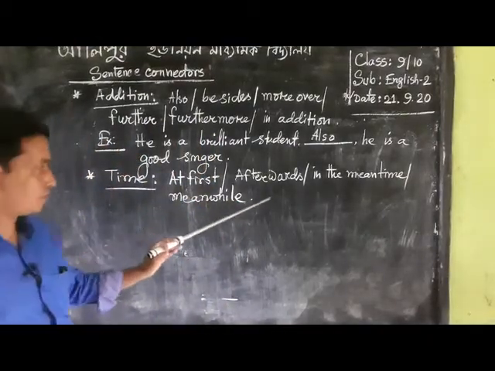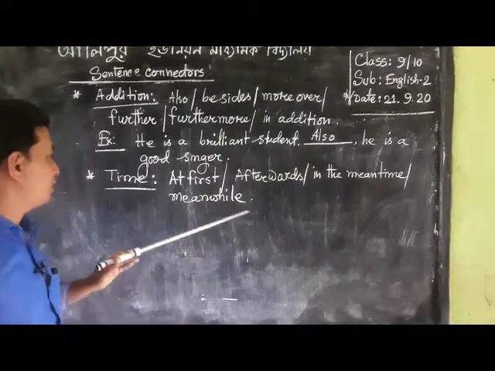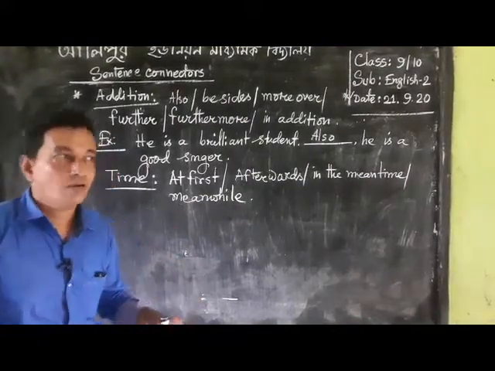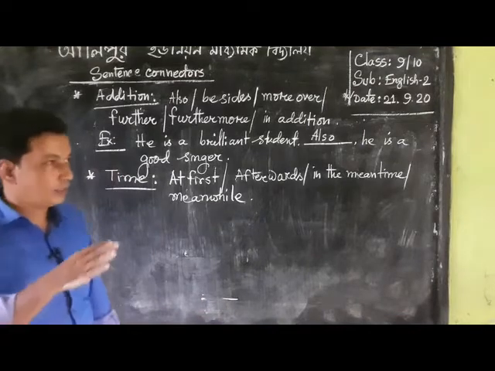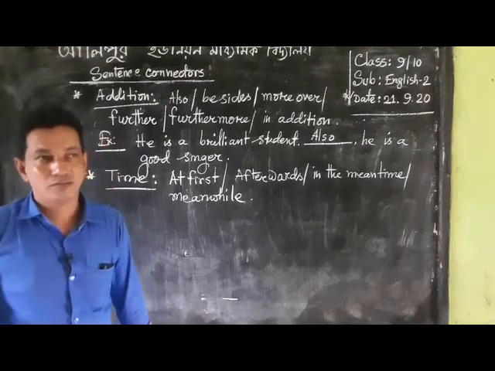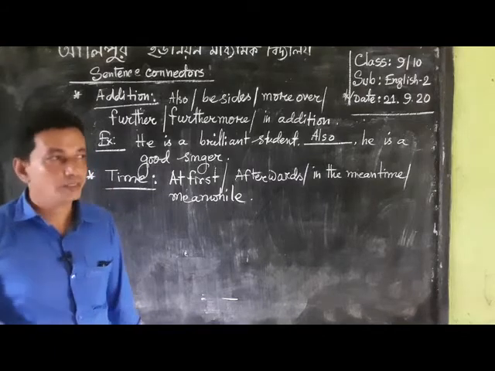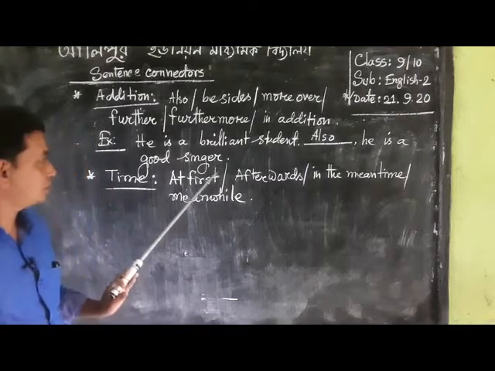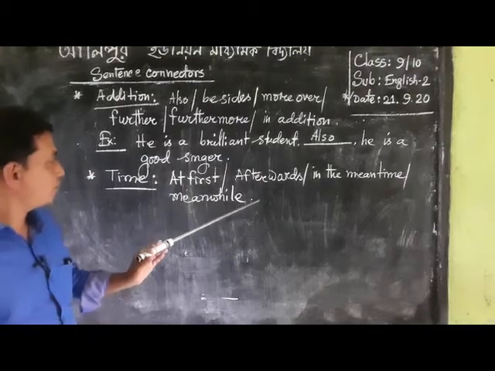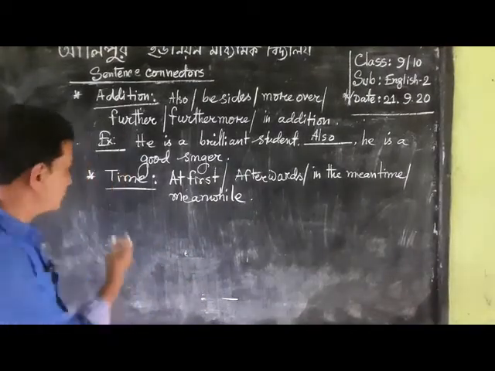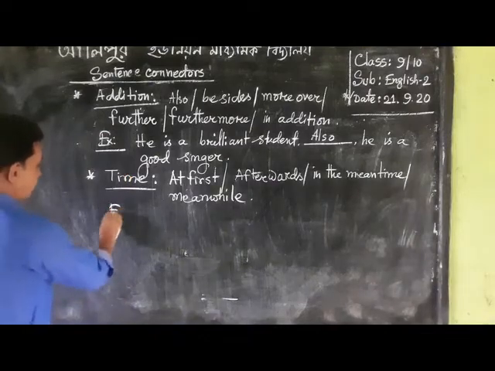At first, afterwards, in the meantime, meanwhile. These words indicate time, because when there are two actions occur one after another, then we may use this type of sentence connectors. Now I am giving an example using these connectors.